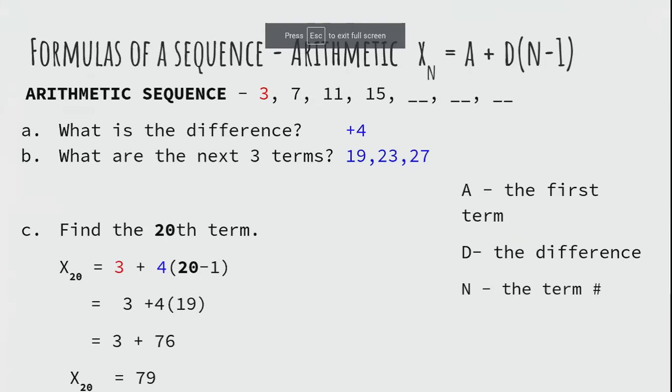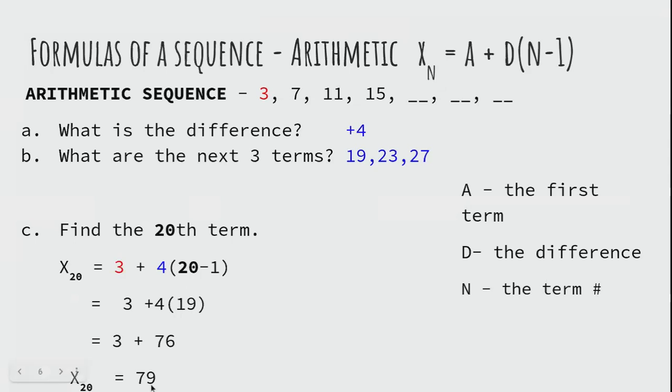And then the 20th term, well, we had to use the formula. So again, a is the first term, so that's where we got the 3. d is the difference, so that's where we got the 4. And we are looking for the 20th term, so that is the value of n. So we put that here because it is telling us which term we are looking for, and then we also put it in the formula.